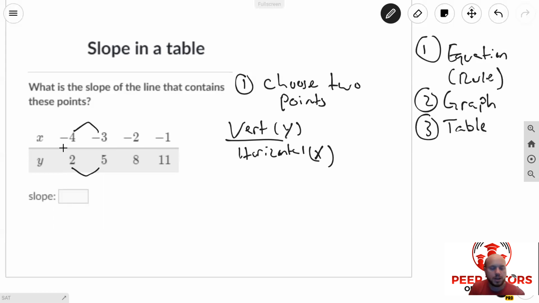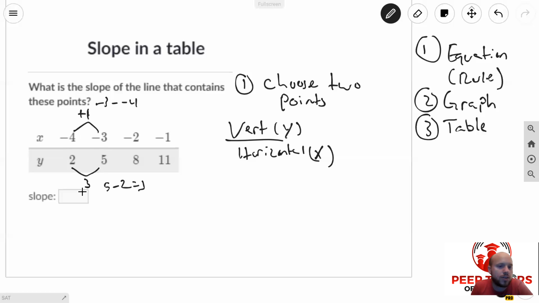But here we go. Okay, so -4 to -3. What is the change there? Well, to get the change, I would subtract. Or you could just do it in your head. To get from -4 to -3, I have to add 1. Okay. And how about from 2 to 5? Well, you're probably saying to add 3, and that's right, because 5 minus 2 is 3.